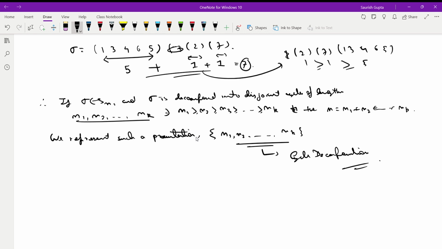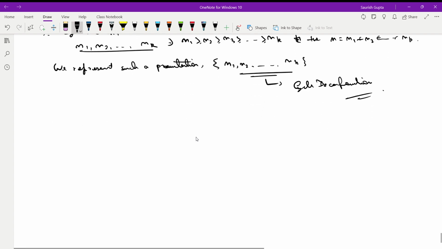What we want to show is that if I consider two permutations from Sn, then they are conjugates if and only if they have the same cycle decomposition.